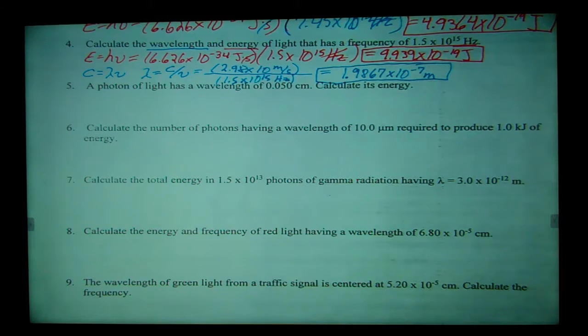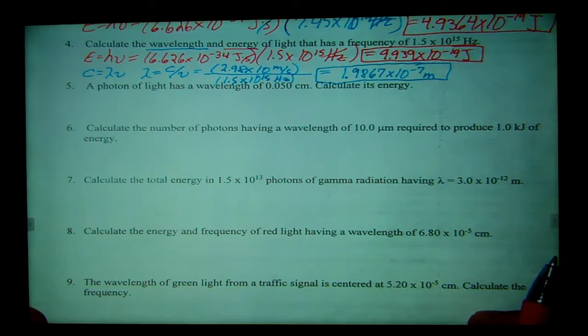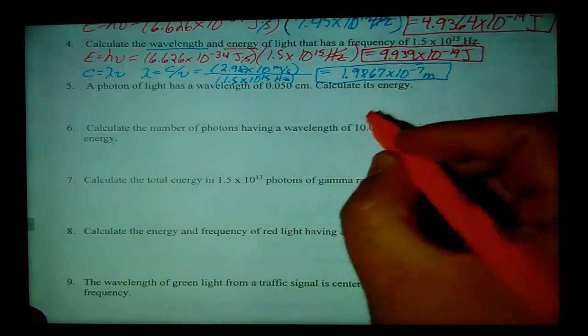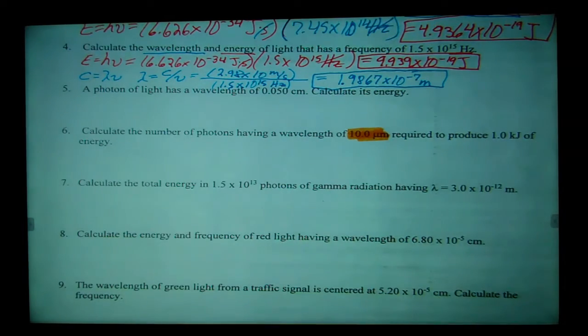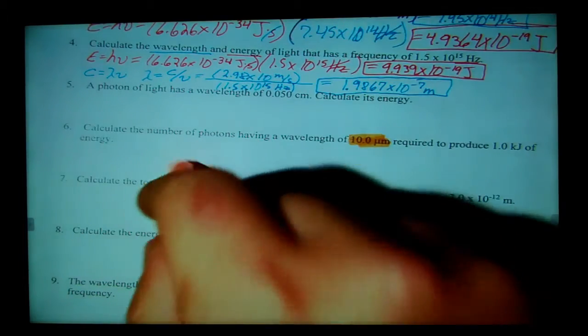So in this case, calculate the number of photons having a wavelength of 10.0 micrometers required to produce 1.0 kilojoules of energy. We need to calculate, and here's the key, that 10.0 micrometers must be converted, but this is the key to it. That's the wavelength of these photons.